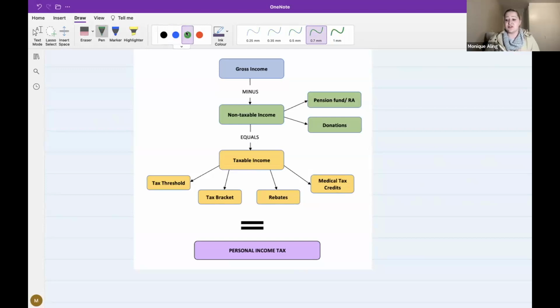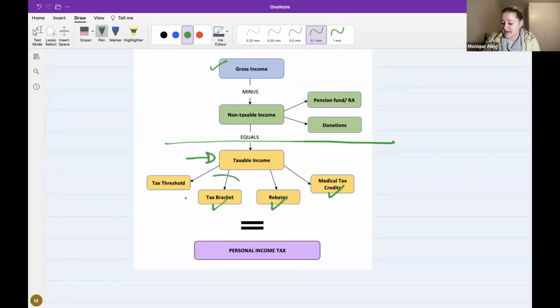It's important to note, sometimes in a question, they will give you someone's gross income. Or in the question, they give you the taxable income straight away. If they give you the taxable income, they will tell you, and that means you don't have to worry about this top part. Then you just check which tax bracket the person falls into, you calculate their tax amount, you minus the rebates, and you minus medical tax credits if there are any.